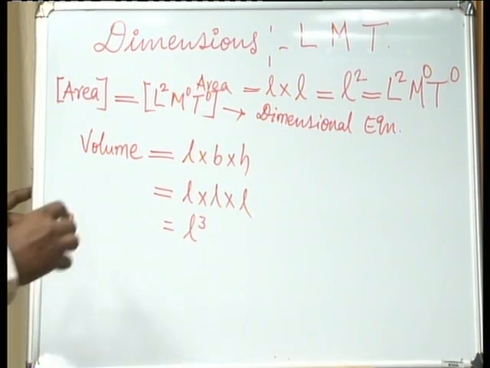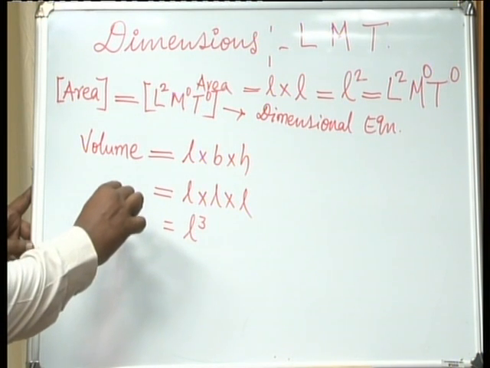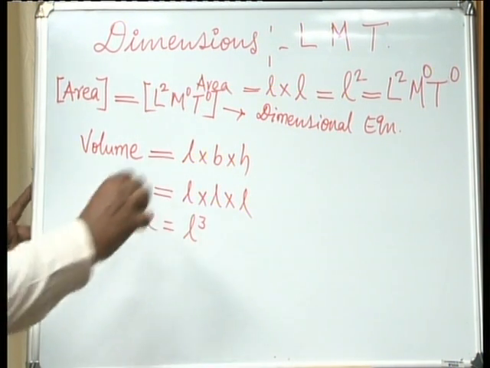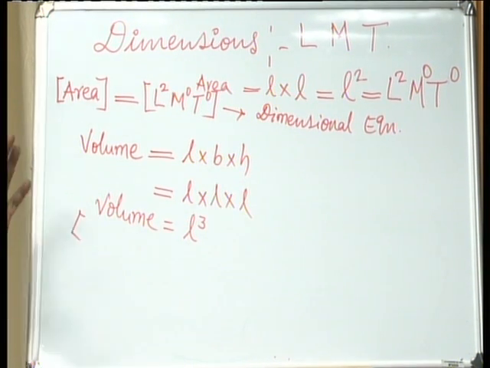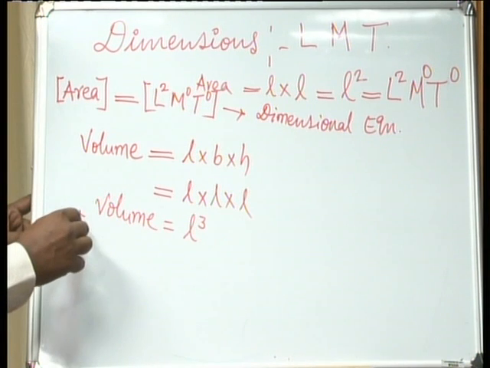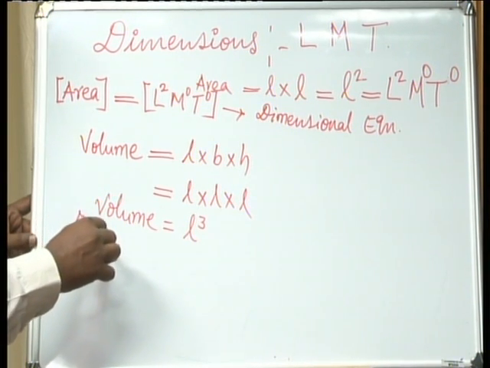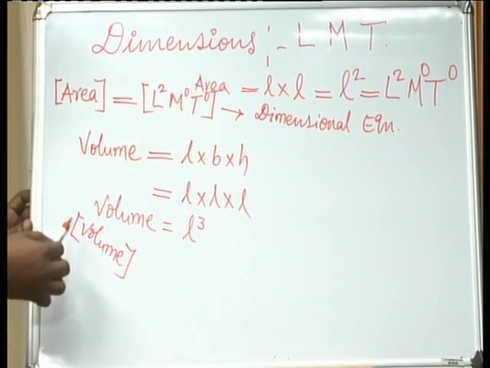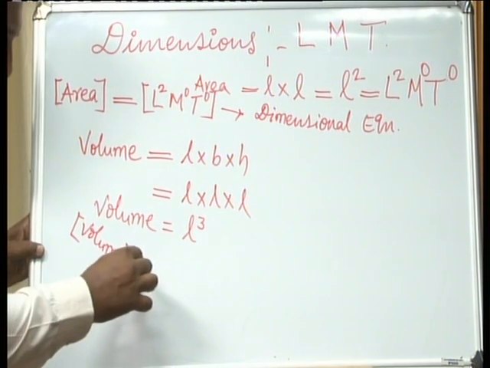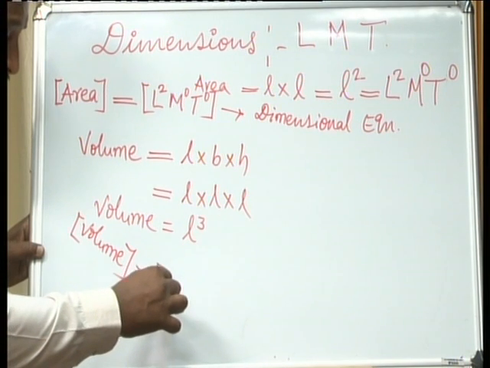Now, this derived quantity is expressed in terms of a fundamental quantity. Then you just finish with the addition of all other fundamental quantities for writing the dimensional equation of this physical quantity. So, you read the dimensional equation of volume, which is 3 in length.